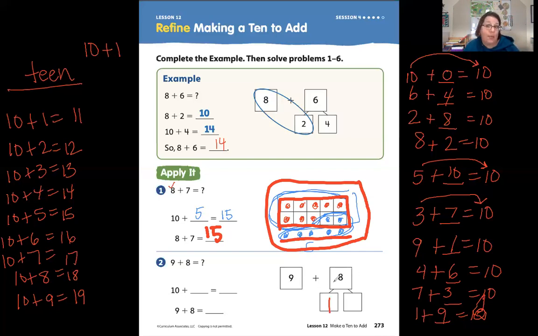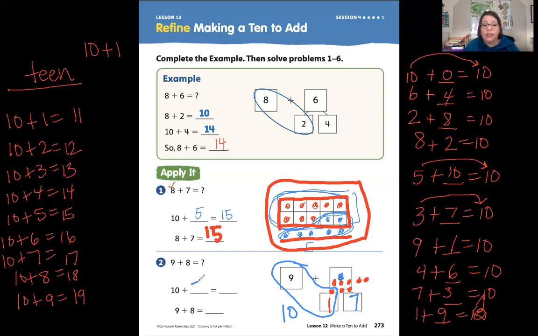I could still draw my 8 ones, right? 1, 2, 3, 4, 5, new line, 6, 7, 8. And changing that color, I can circle 9 and 1 of those dots from the 8 to make a group of 10. And then this is no longer an 8, it is 7.